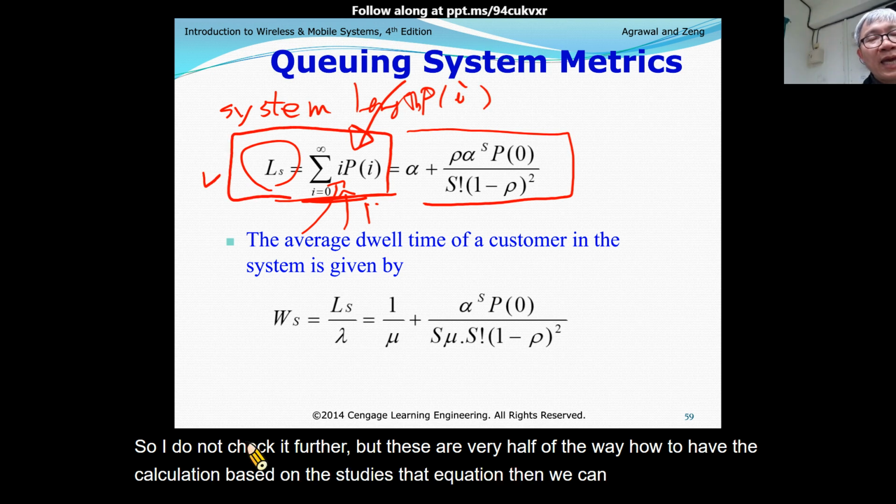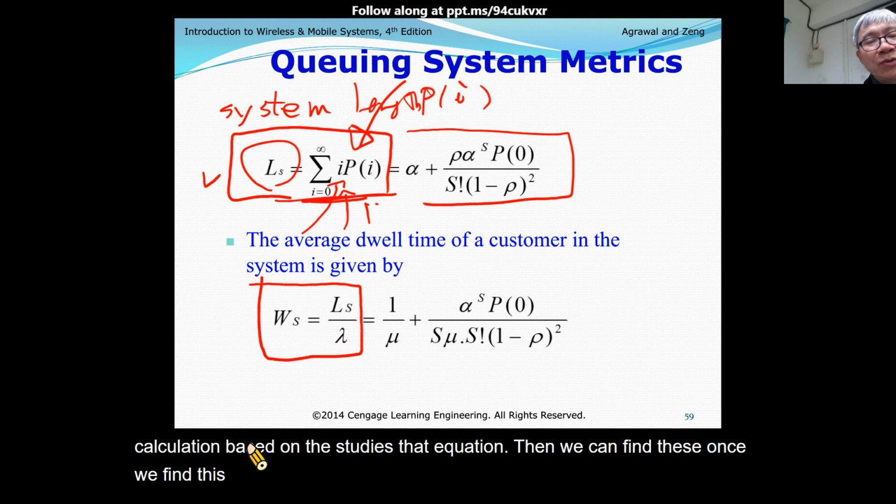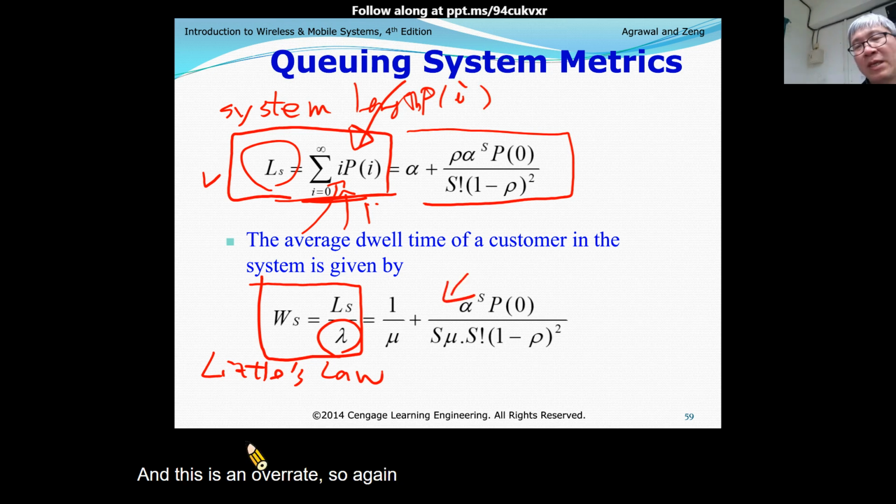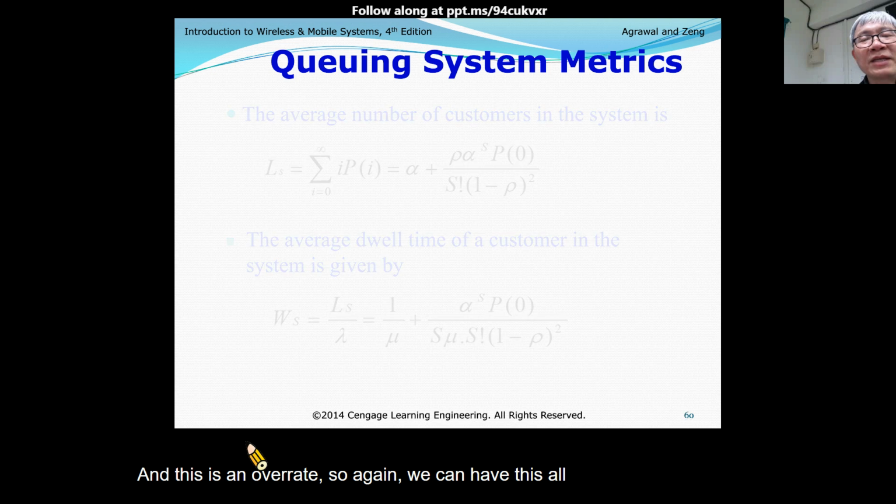Once we find this, again we can apply Little's law, dividing by the arrival rate. So again, we can have this. All right, so following that way, we can have this one.